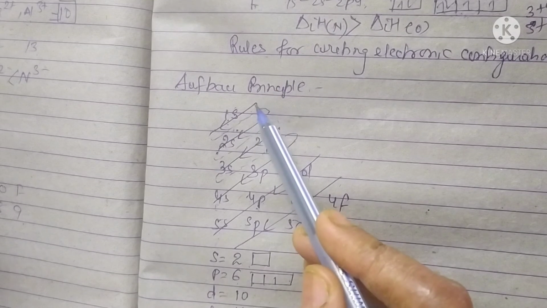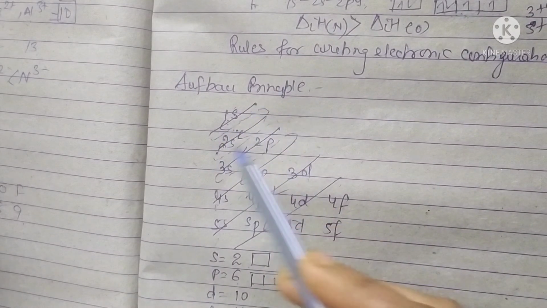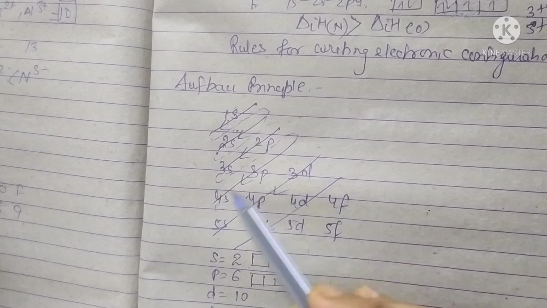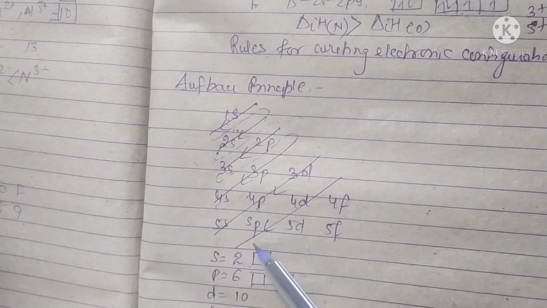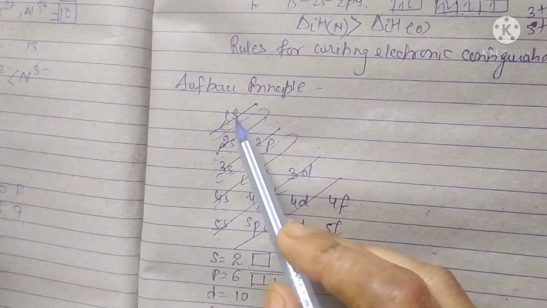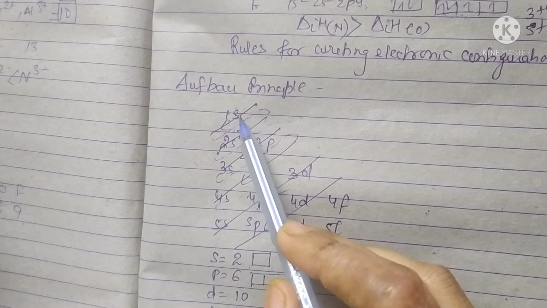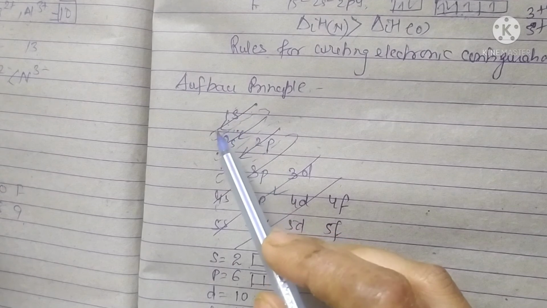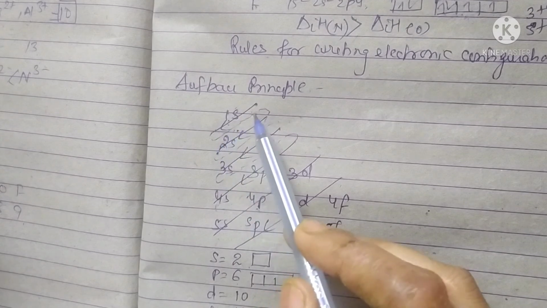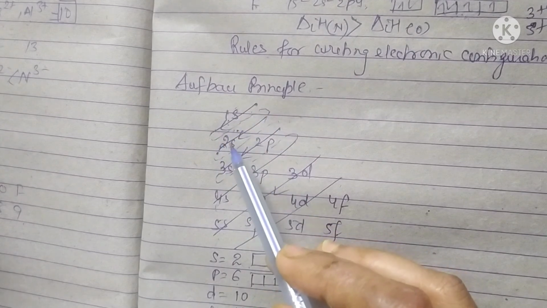Now if you draw straight diagonal lines, you can see that these arrows show the orbitals arranged in increasing order of their energy. The 1s orbital has the lowest energy, so it will be filled first, and after it is completely filled, the electron will move to 2s.